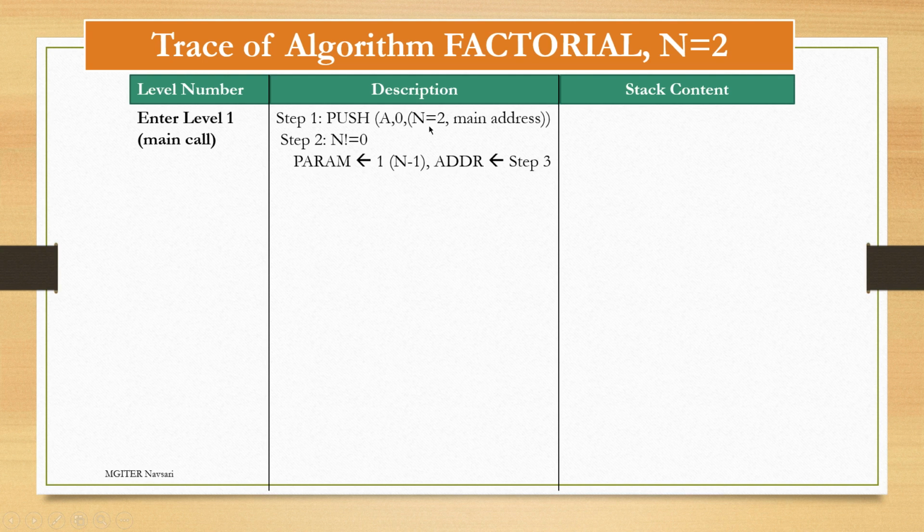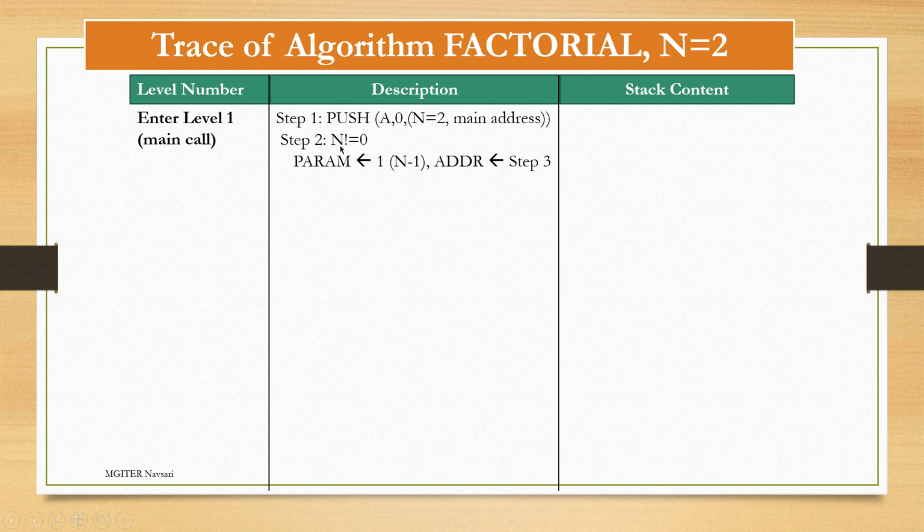Then the next parameter is the temporary record, which has two parameters, that is parameter and address. So here n is equal to 2 and the returning address is the main address. Now in the second step we have to check the value of n.